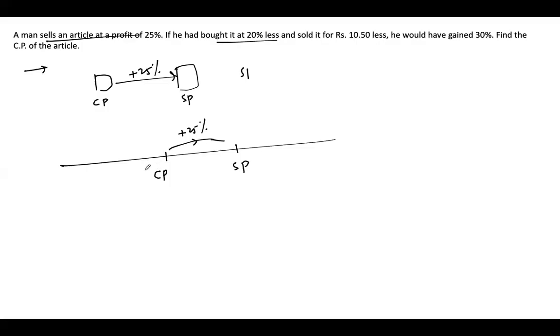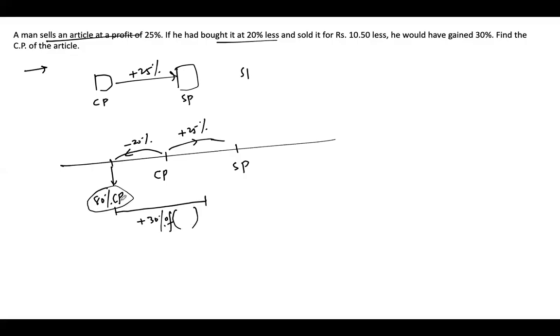It says that if he had bought it for 20% less, then what? 20% less. Yeah. The 20% less would be, this value would be 80% of cost price. He would have gained 30% more. 30% of what? Cost price.